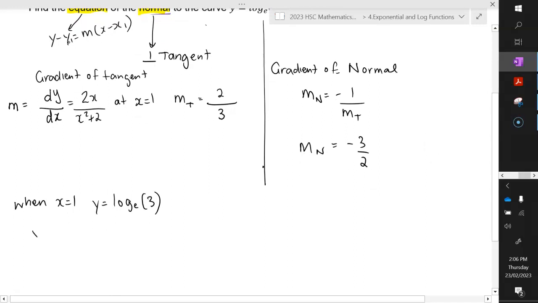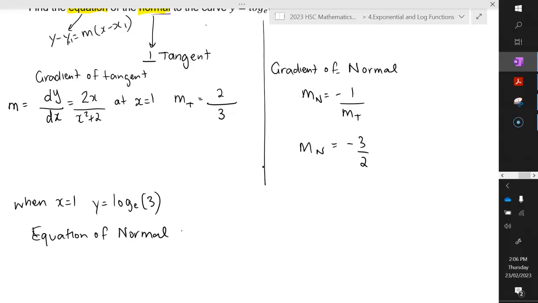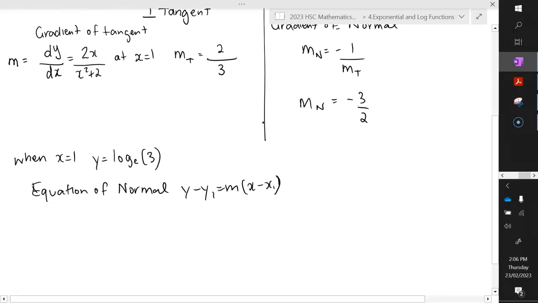Okay, back into our equation. Let's neaten that up and find the equation of the normal. I'm going to use the formula that we wrote up above for the equation of any line. So here's our x and y points. y minus y1, I'm just going to write it as ln of 3, is equal to m.